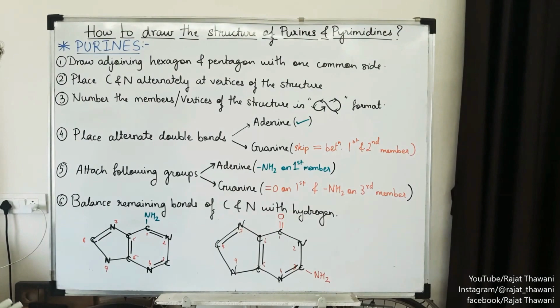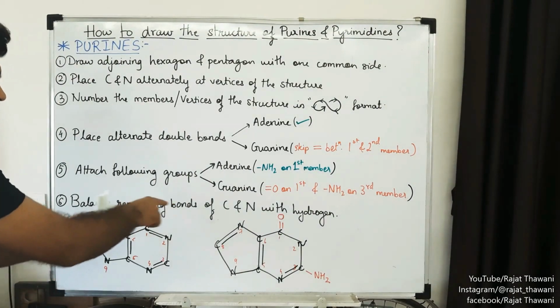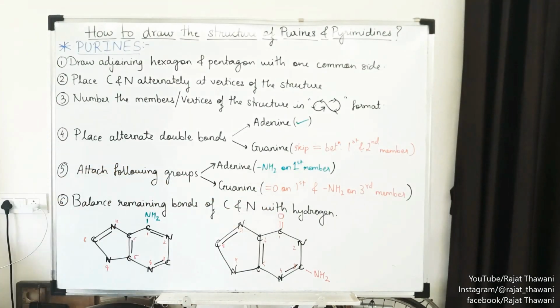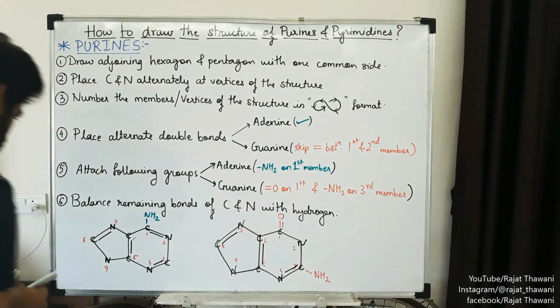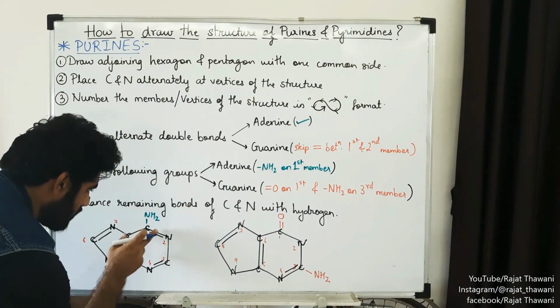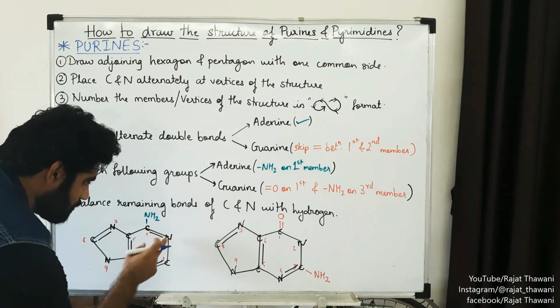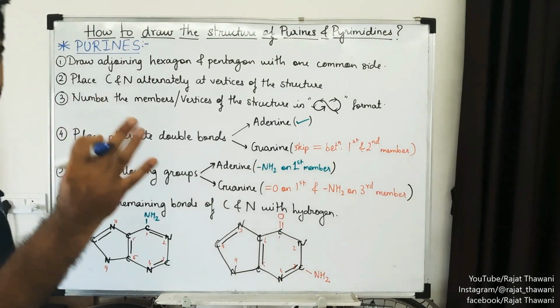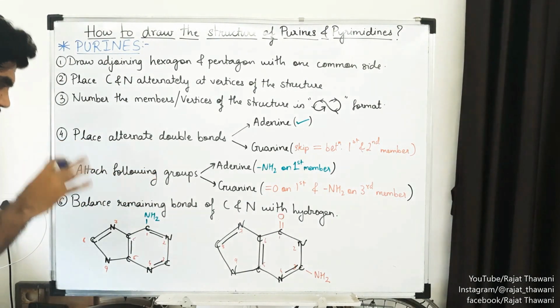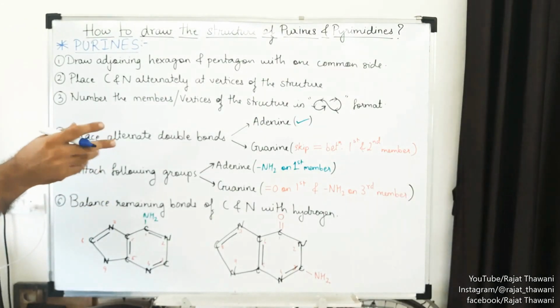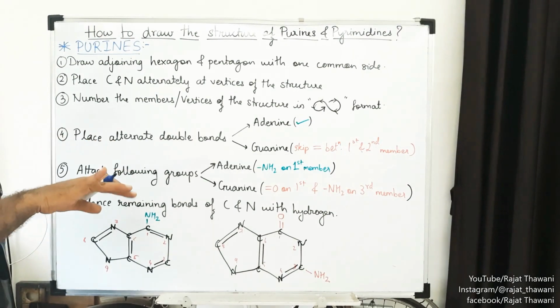Now balance the remaining bonds of carbon and nitrogen with hydrogen. This carbon has 1, 2, 3 and 4 bonds, nitrogen has 3 bonds. We know nitrogen can form only 3 bonds and carbon can form only 4 bonds. If you find any carbon or nitrogen with 1 or 2 bonds left, there you will balance it with hydrogen.